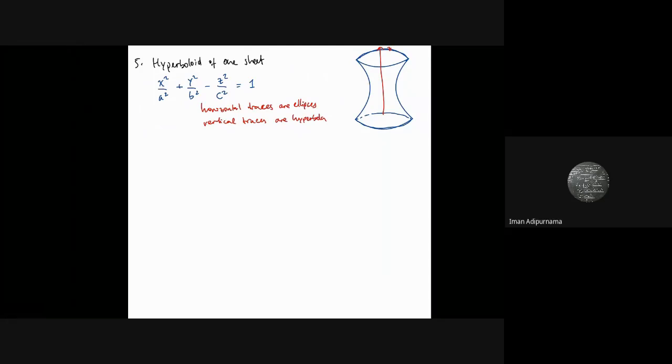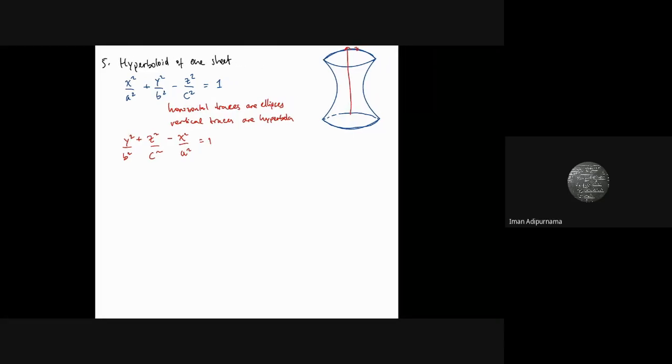So for example, if I have y, x, and then z, and then minus x, this equal b, c, a, and equal 1, which means I will have the axis in x, like that. So this is x, this is y. I hope you get it.